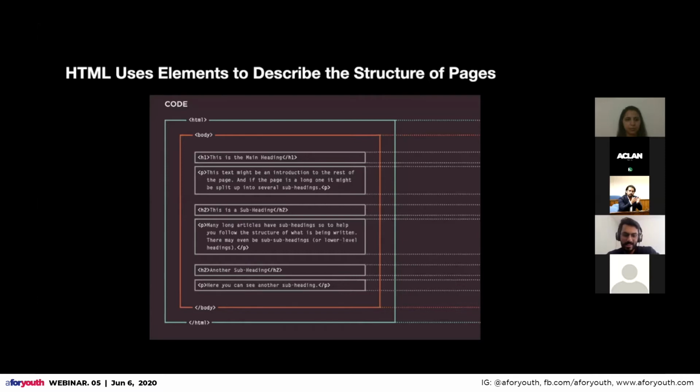So here it's the same thing that we actually saw in the newspaper as well. There is H1, which is showing the main heading, and then there is a P tag, which represents a paragraph. And then there is an H2 tag, which is another heading, and then a P tag, which is a paragraph.